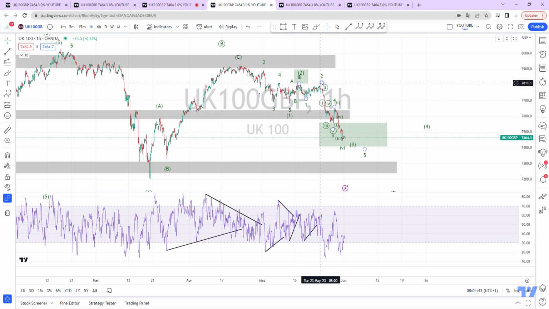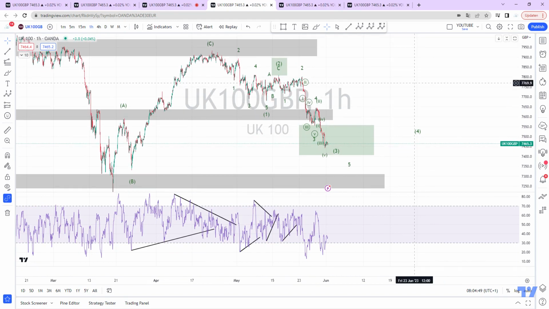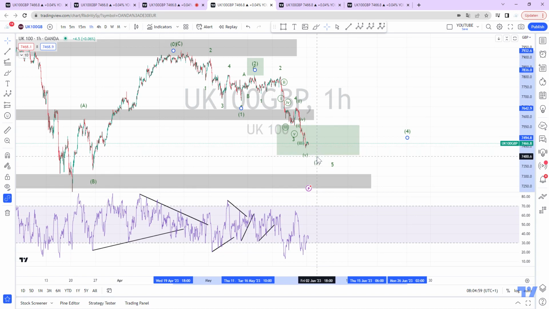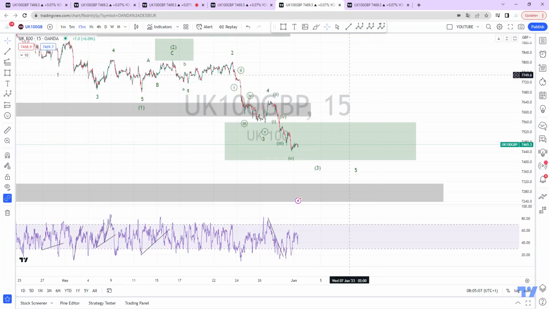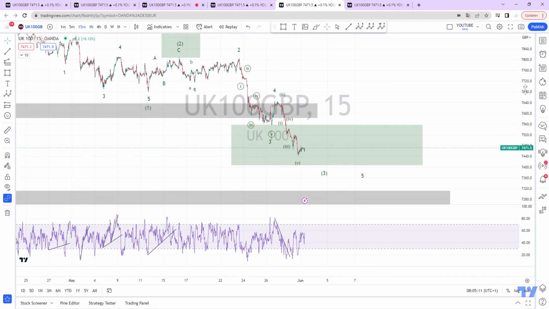We retested as a wave 2, and now we have an impulsive structure to the downside, which is a wave 3 of this degree here. And so now we will zoom in on this structure here to know which trade we could initiate.